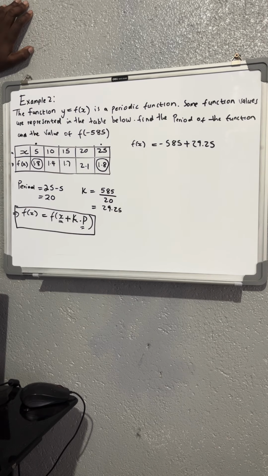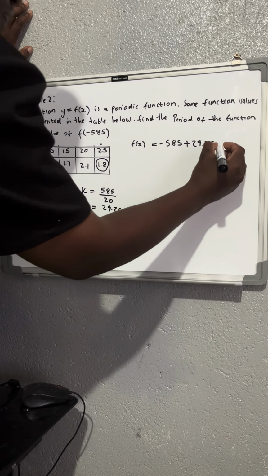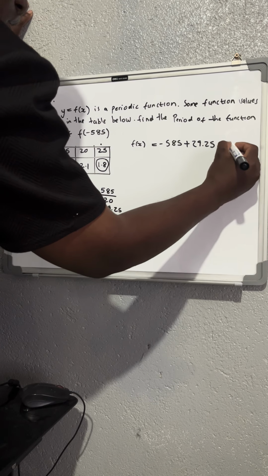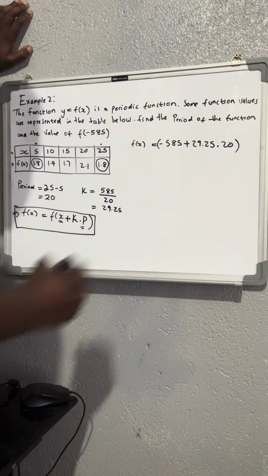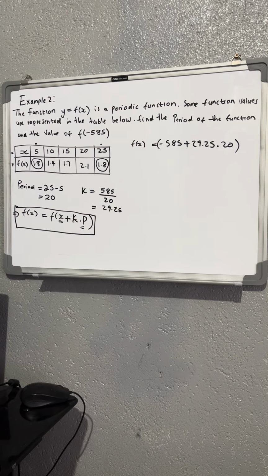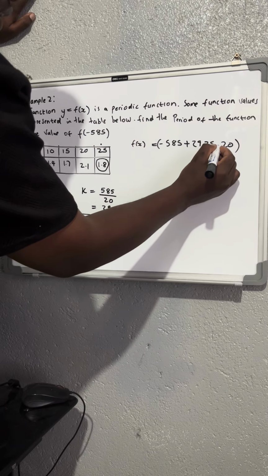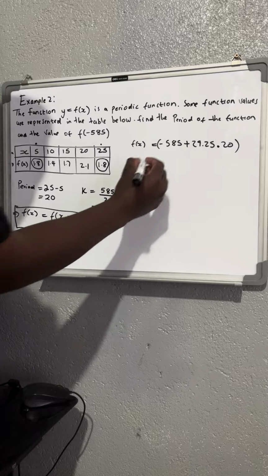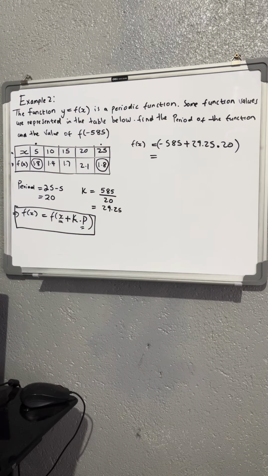Then we multiply by the period, which is 20. You can just do it like this, or you can write your x. So this will give you negative 585 plus 29.25 multiplied by 20.